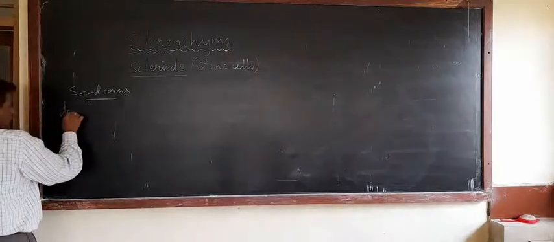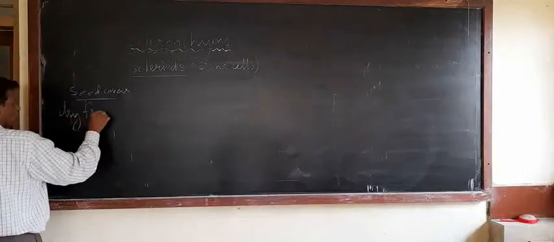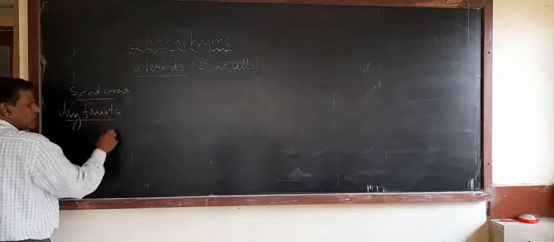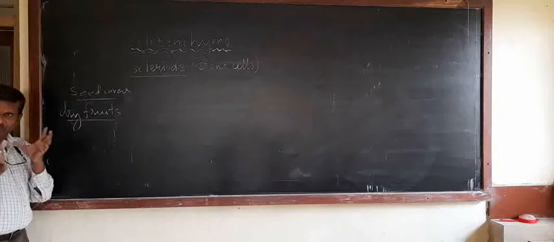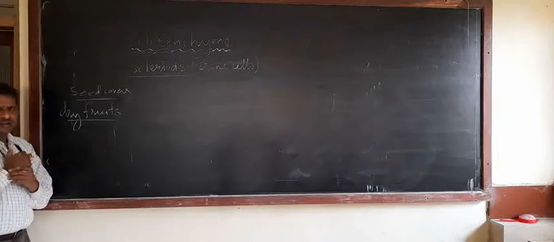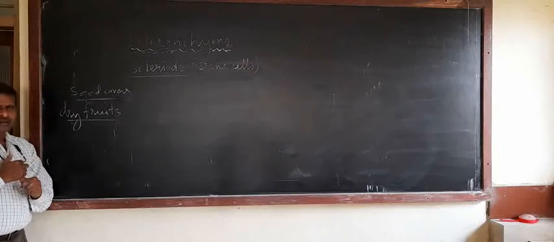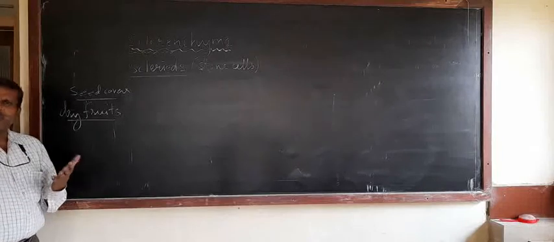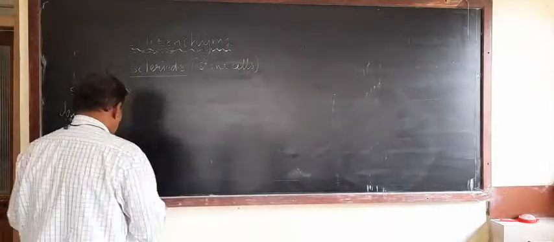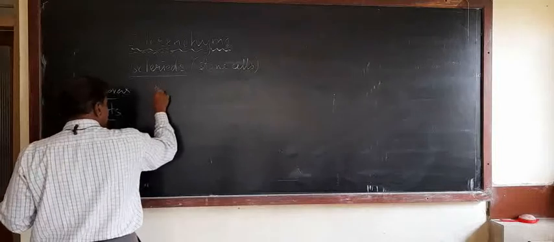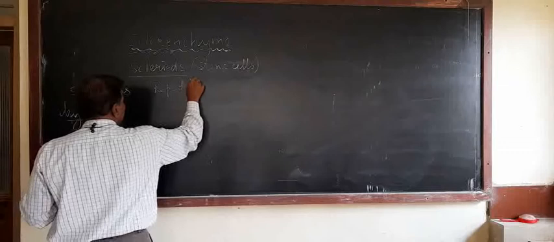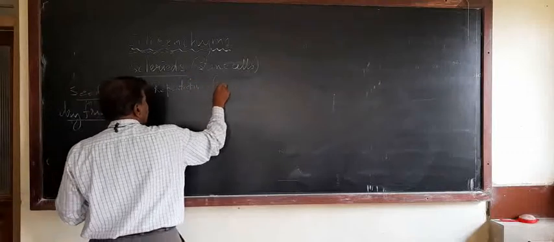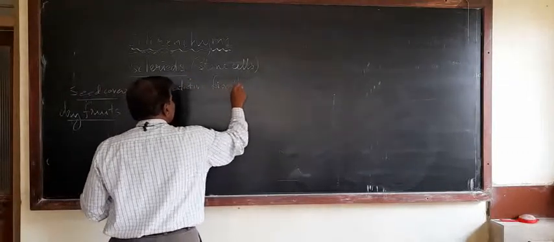Sometimes in the dry fruits, the wall is usually constructed with the sclereids. That is why they are quite hard. Why are they hard? What is the reason? The reason is repeating lignification.